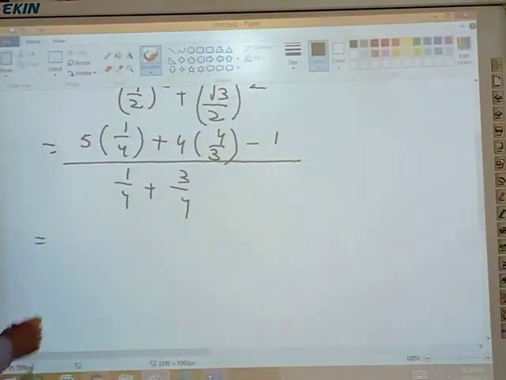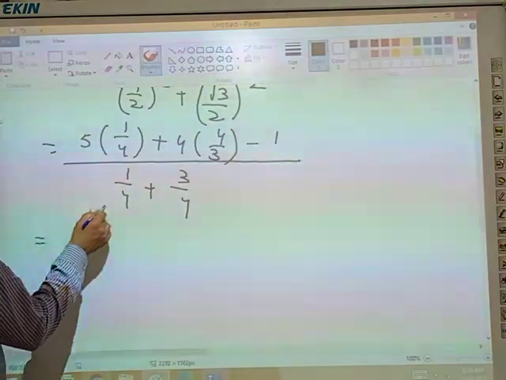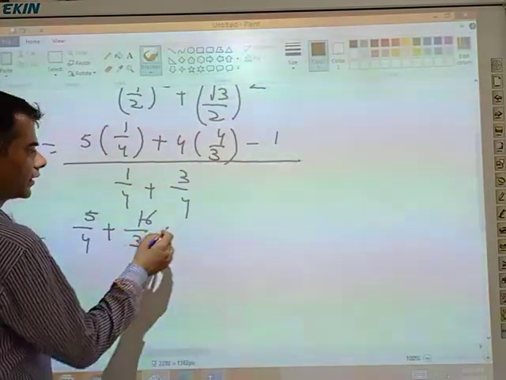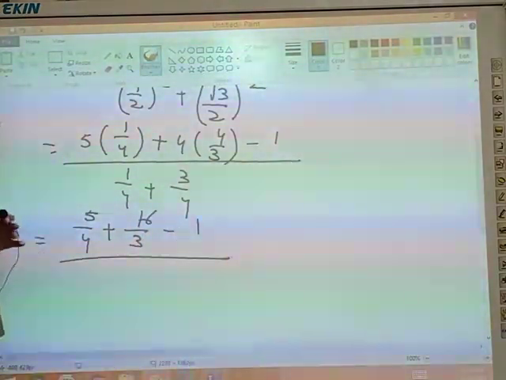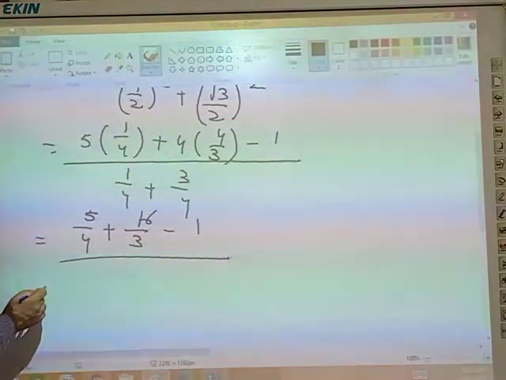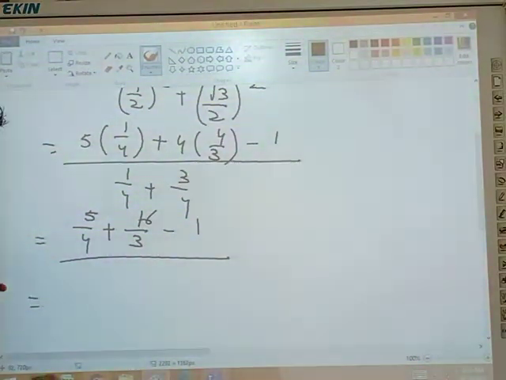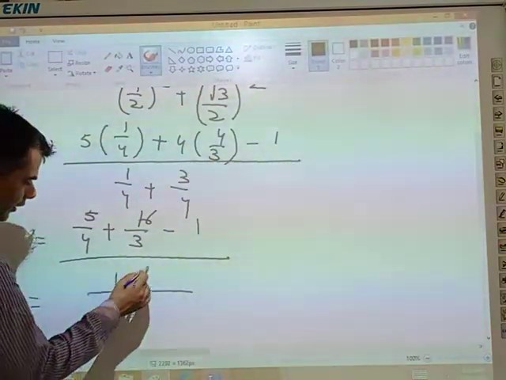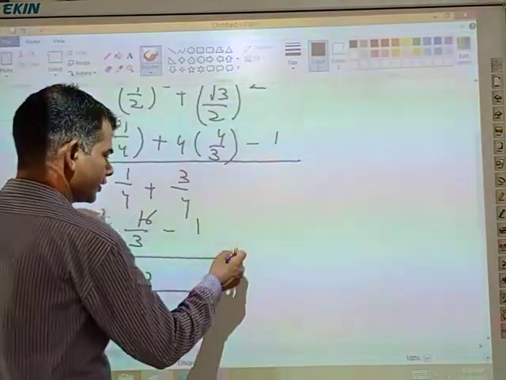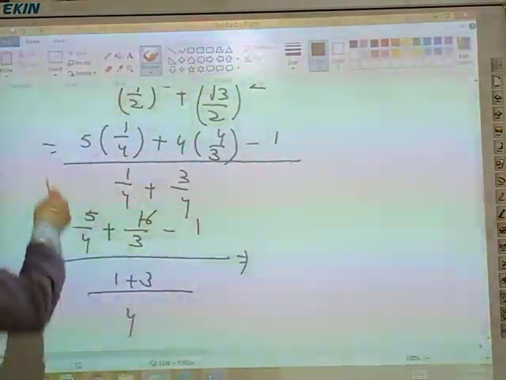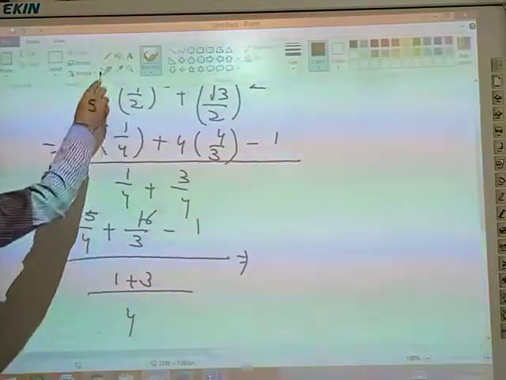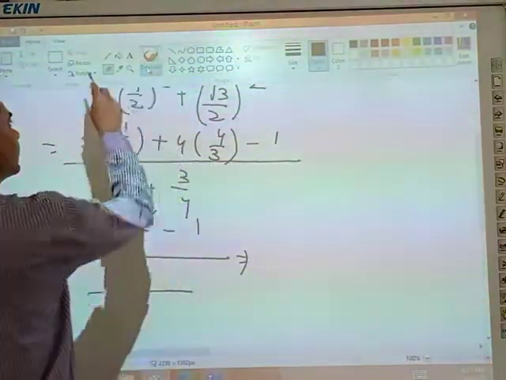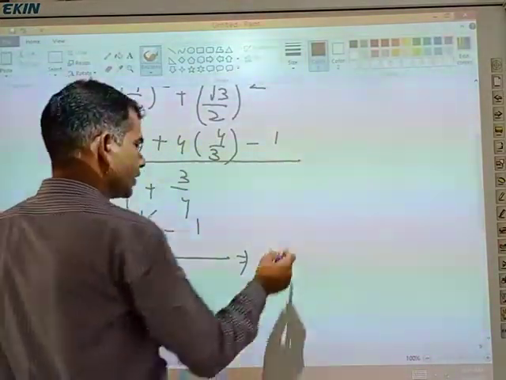That is 5 by 4, it becomes 16 by 3, minus 1, plus 3 by 4.